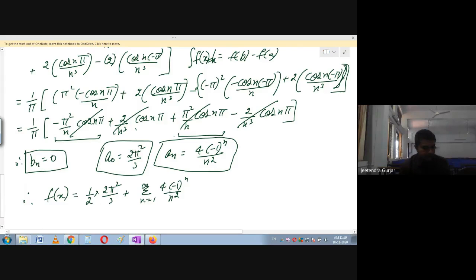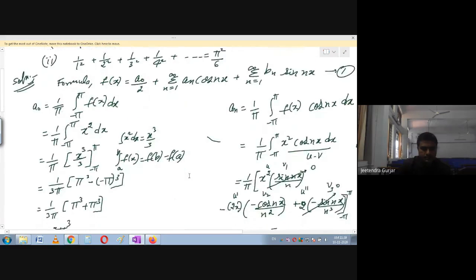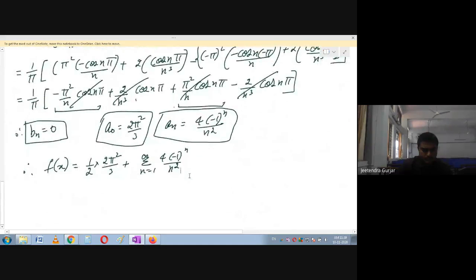Okay, so these values we are going to get, students. Is it clear? Fine. And this is cos nx plus, this is 0. Please remember bn is equal to 0, therefore this value will become 0.